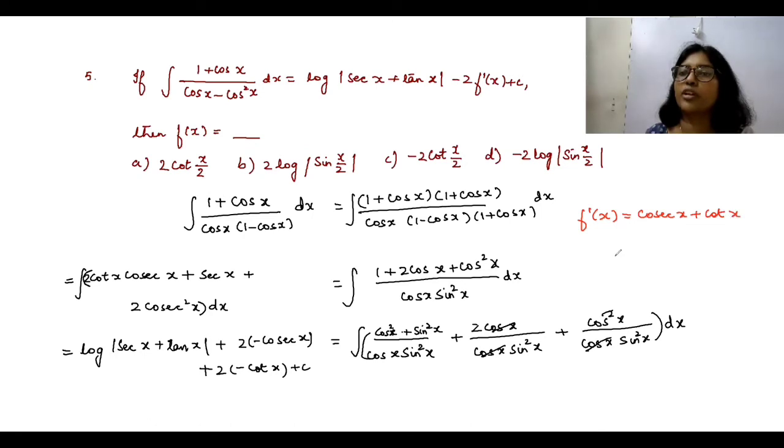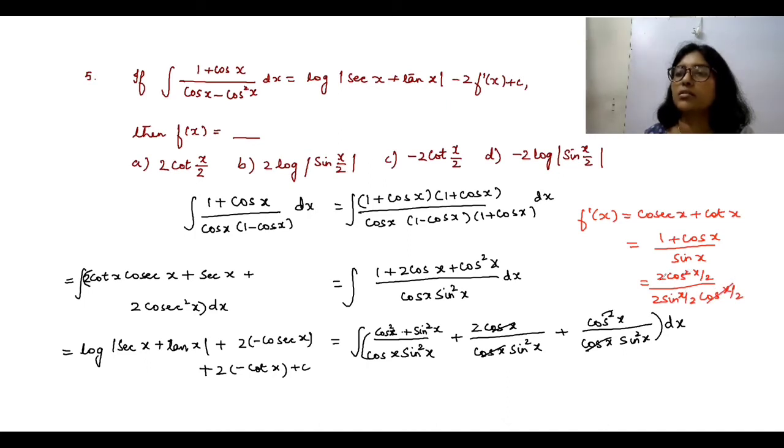We are supposed to find f x, which is given in terms of x by 2. So we are going to convert this to sin cos, and we have 1 plus cos x as 2 cos square x by 2, and sin x is 2 sin x by 2 cos x by 2.